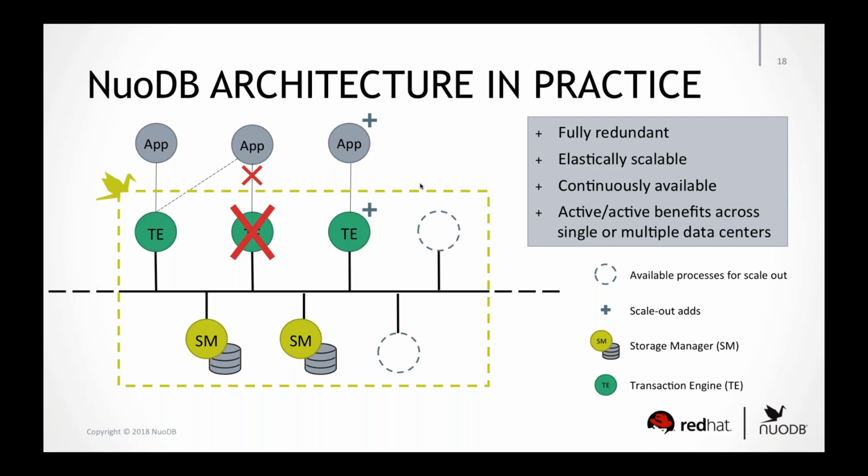That's the responsibility of the transaction engines. On the flip side, we have another role that a server plays, and we call it a storage engine or storage manager. Those are the servers responsible for writing data to disk. So as far as the application is concerned, when it commits a transaction, it's guaranteed that the data is stored on a disk somewhere, okay?